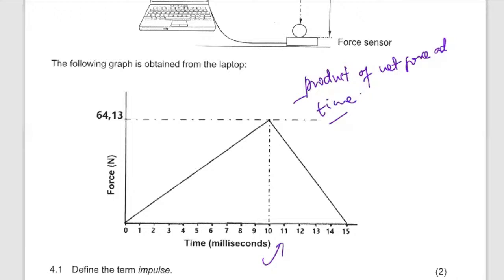So we say product of the net force acting on an object and the time that it takes. Now avoid using the change in momentum kind of terminology because that is more like an application. It's not a definition of impulse.